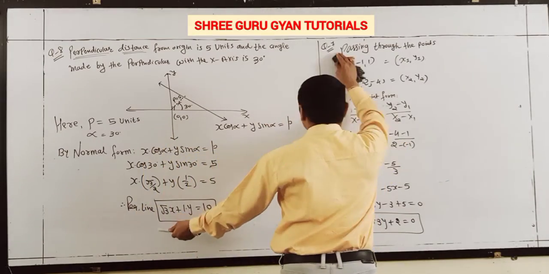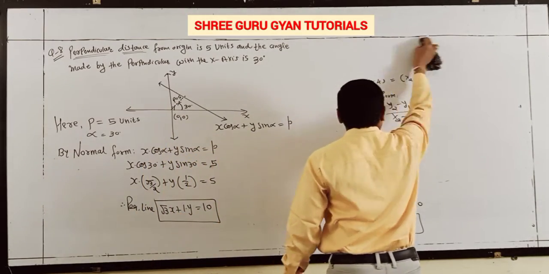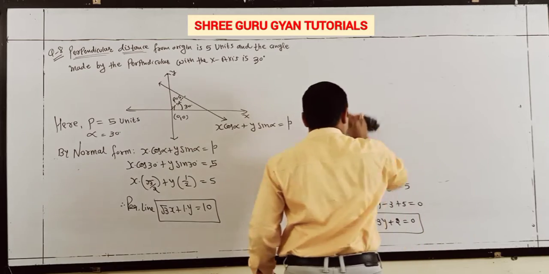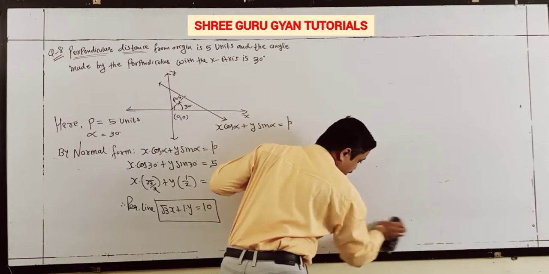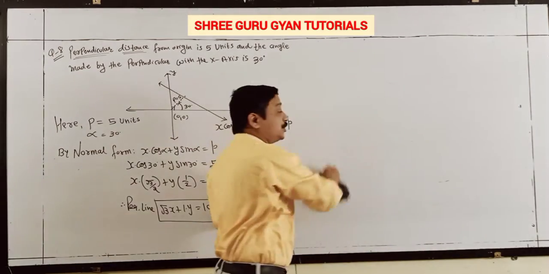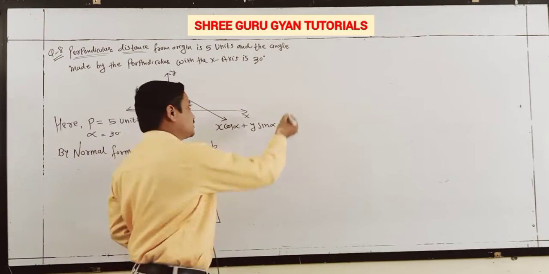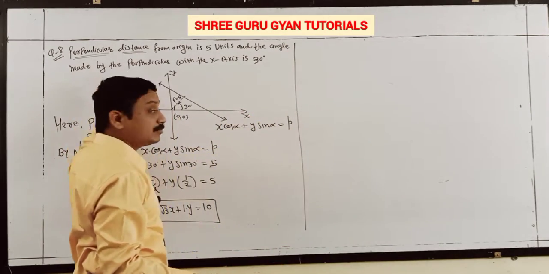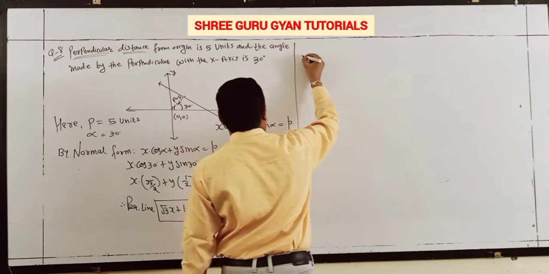But you should also check your answer in the form Ax plus by plus c is equal to 0. Here I also explain one more extra sum, not question number 9, an extra sum specially for you.